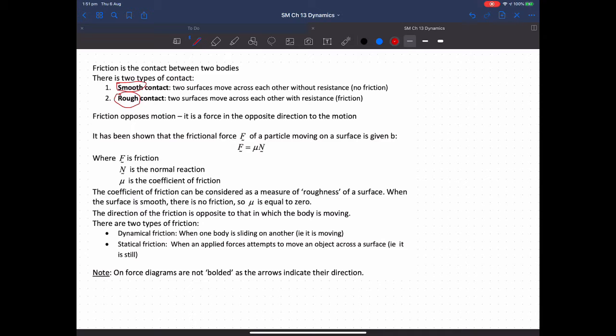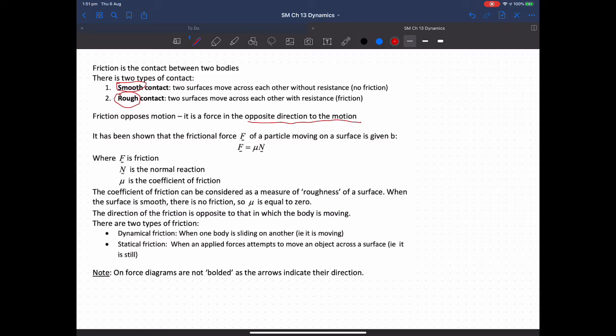Now, friction will always go in the opposite direction to motion. We have a formula to calculate friction. The formula is given to you as vector F, which represents friction.